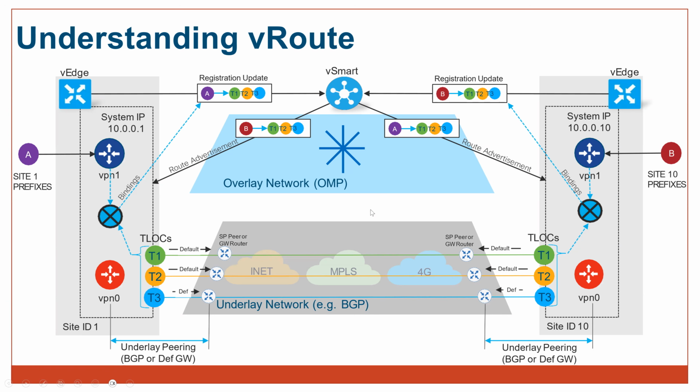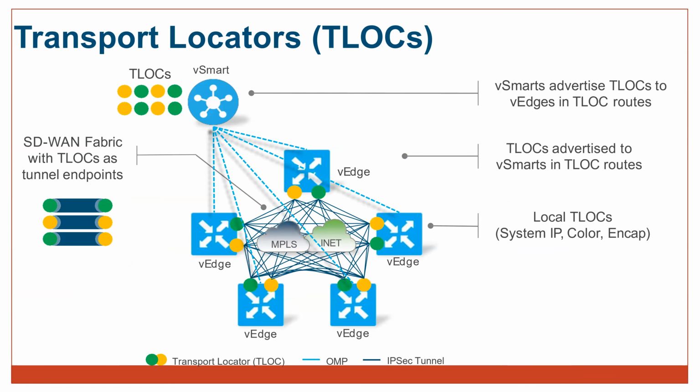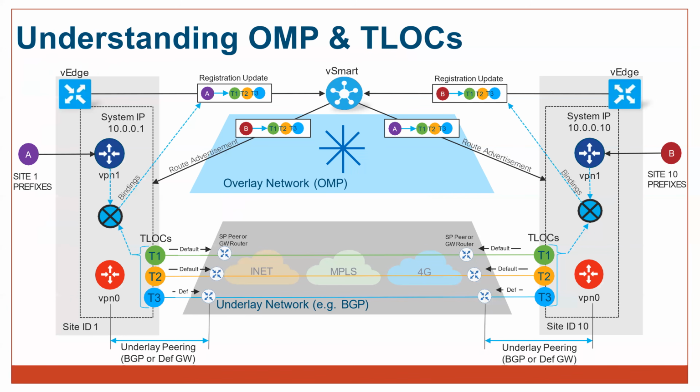Then we will check the attributes of OMP and the attributes of TLOC. Like in BGP, you have 13 different attributes to give you best path selection. Likewise in OMP we have 7 to 8 attributes to provide you the best path. TLOC also helps OMP to select that best path. I'll come to that.